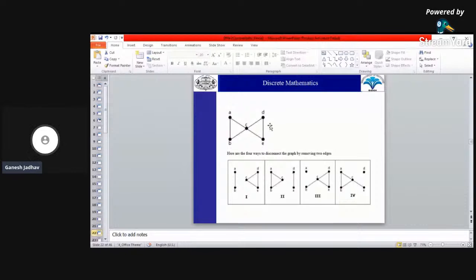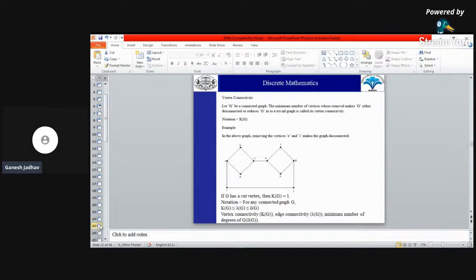So this is four ways to disconnect the graph by removing two edges. So this is four ways, or the number of ways. Here you can remove this, you can remove this edge also. So this is the removing of the edges.